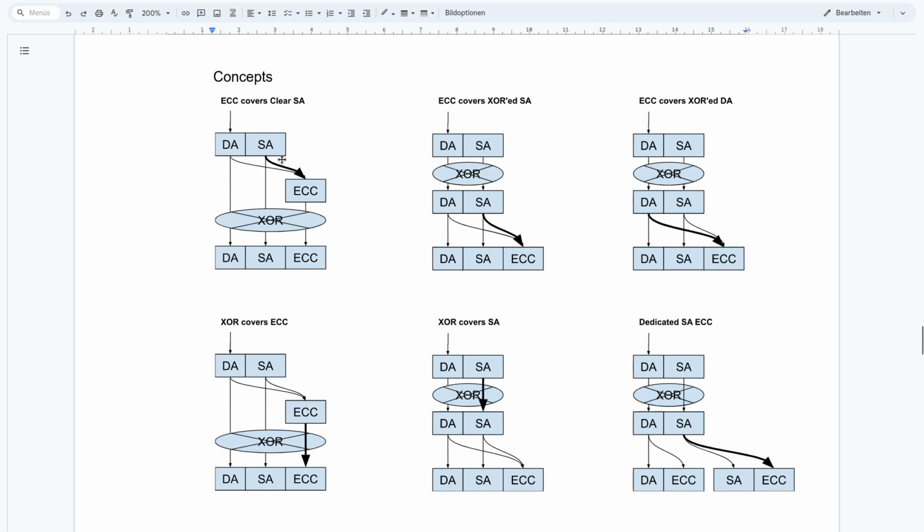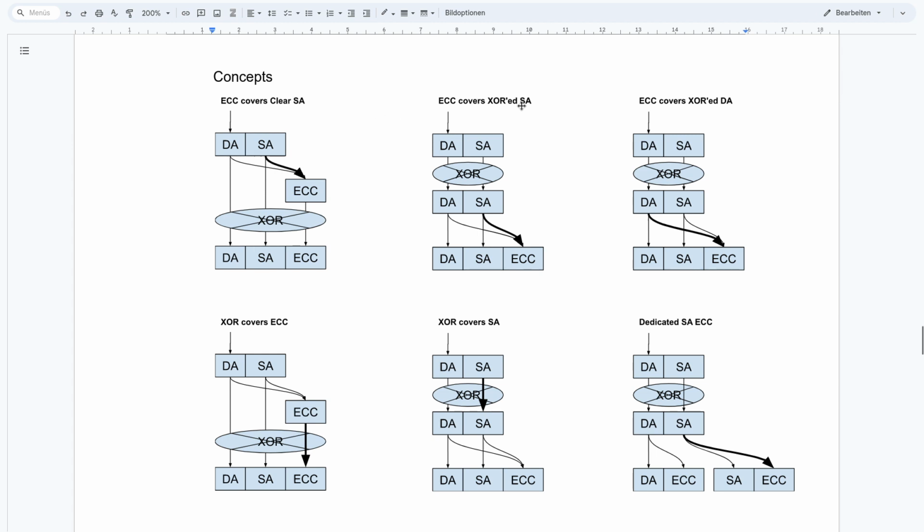But the important point is that the SA area used to calculate the ECC is in clear. It's not XORed. And the ECC is depending on the SA, it's not just depending on the data area, for example. That's the concept called ECC covers clear SA.